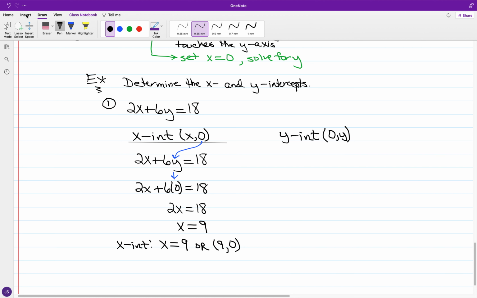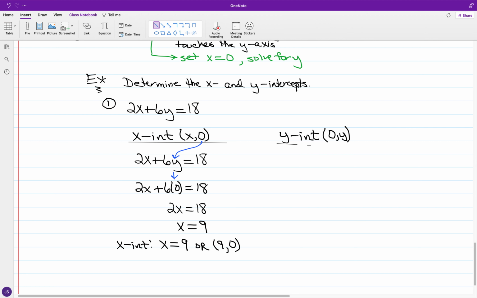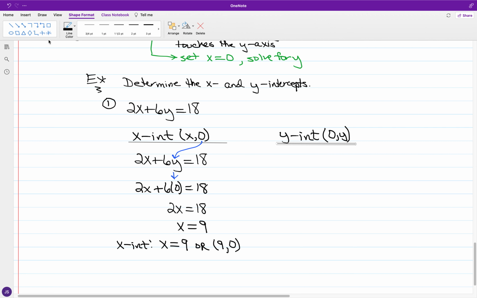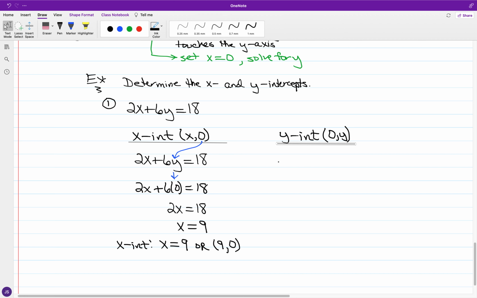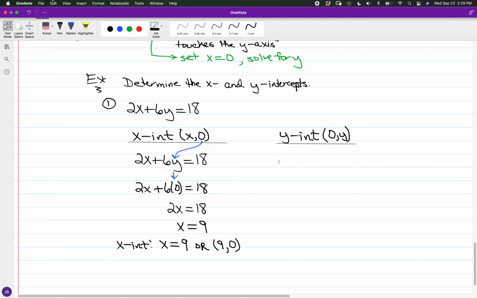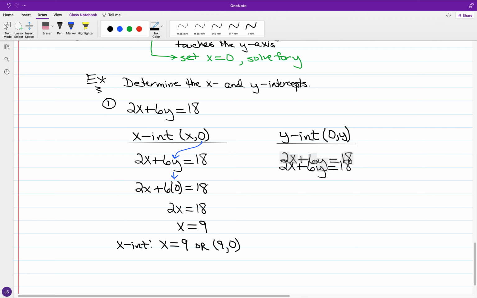once again, we have the coordinates 0, y. Same equation, and this time it is x that is going to be 0. So we have 0 plus 6y, which is 6y, equal to 18.